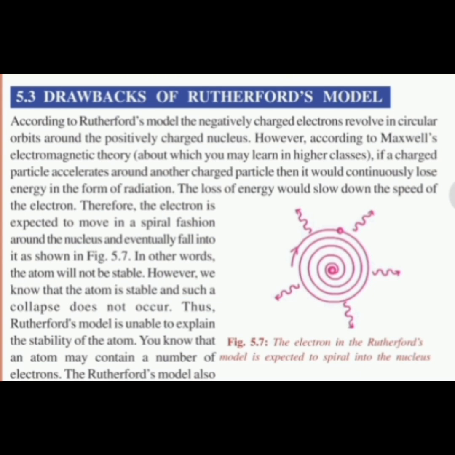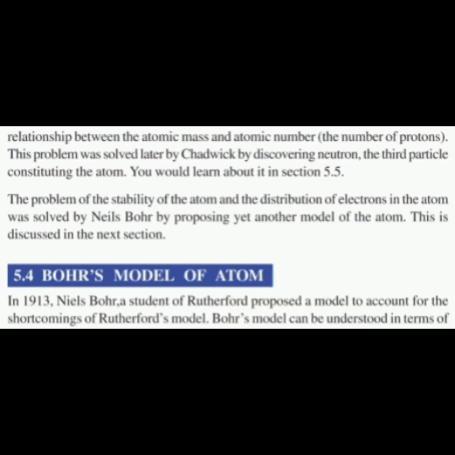You know that the atom may contain a number of electrons. Rutherford's model also does not say anything about the way the electrons are distributed around the nucleus. Another drawback of Rutherford's model was its inability to explain the relationship between the atomic mass and atomic number, the number of protons.